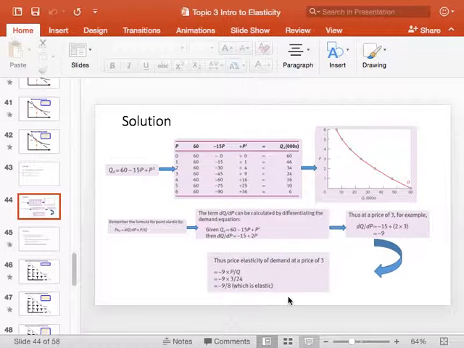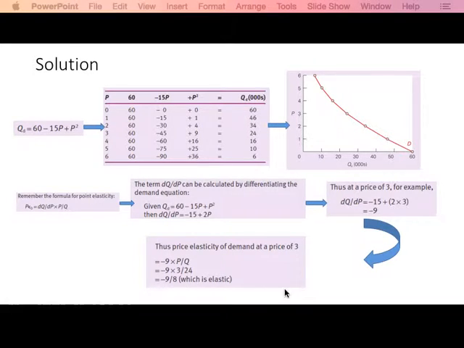Notice here, you see, the original function was 60 minus 15p plus p squared. Now, maybe I'll go back again. Minus 15 plus 2p. Now, since this is the value here, you see dq over dp, we have to now evaluate this.